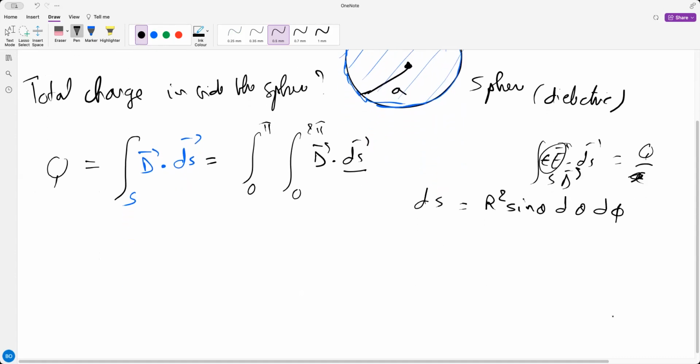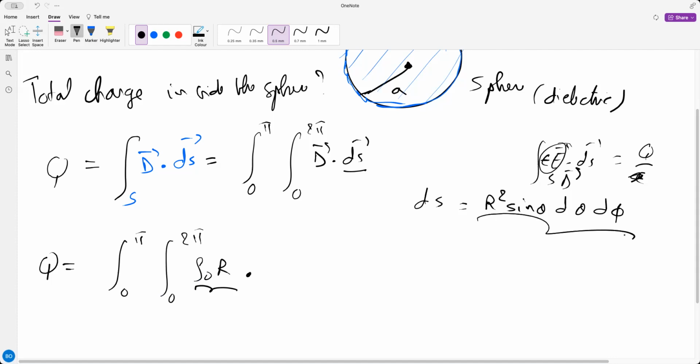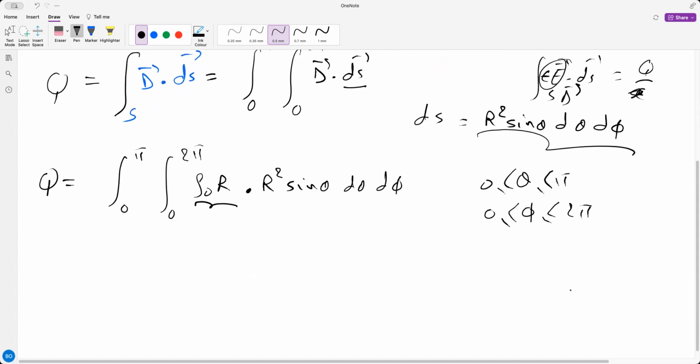So the total charge is the integral of D, and D is rho 0 r, times r squared sine theta d theta d phi. Theta goes from 0 to pi, and phi goes from 0 to 2 pi, which covers the whole sphere.